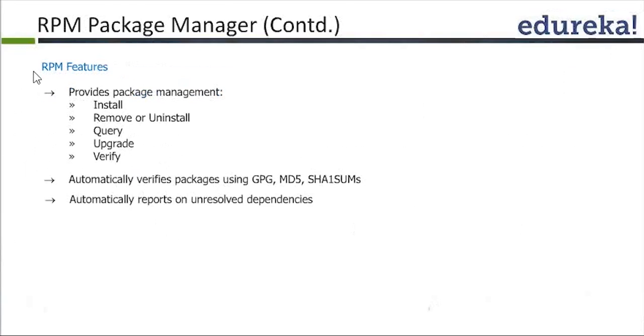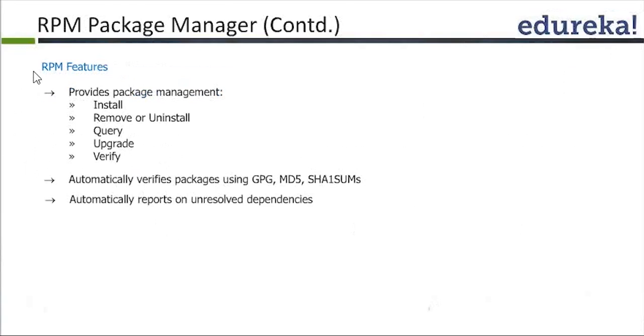So when it comes to dependencies, whenever you are installing a particular package, there can be other dependencies which must be installed along with this package. A service might involve multiple packages. You will see that when we install the services, rather than installing just a single package, we install the dependencies as well. So what RPM does is, when you try to install a particular package, it will check whether there are any dependencies involved, and then it will tell you that you need to install the dependencies as well.